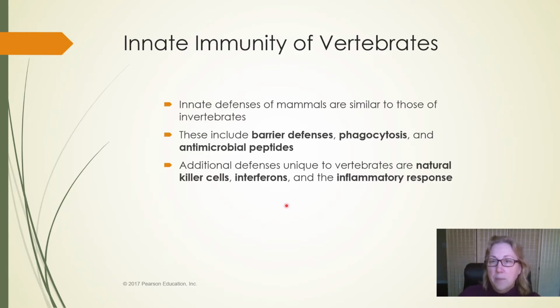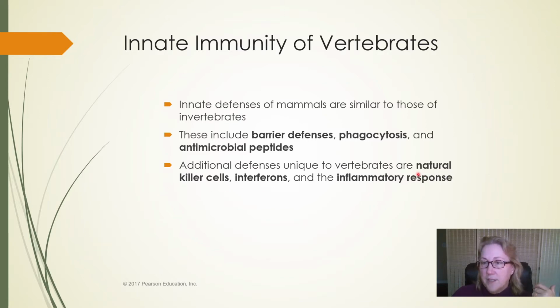So innate immunity can include barriers, but there are also phagocytotic cells that will consume bacteria, consume viral infected cells without needing the learned response of antibodies. There are antimicrobial peptides as well that can destroy bacteria.